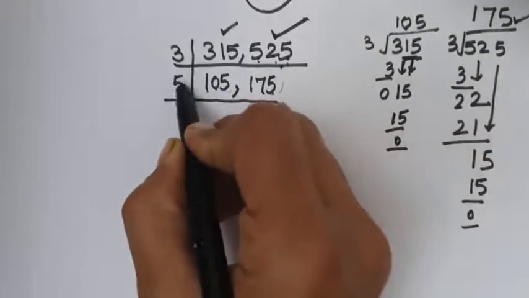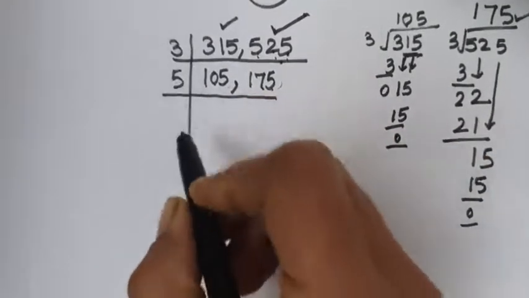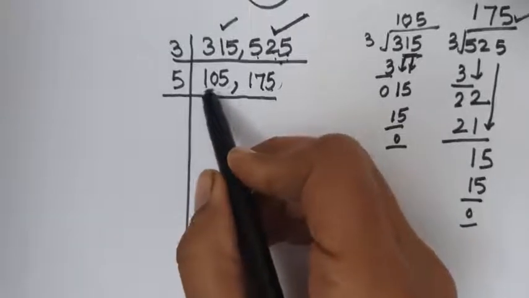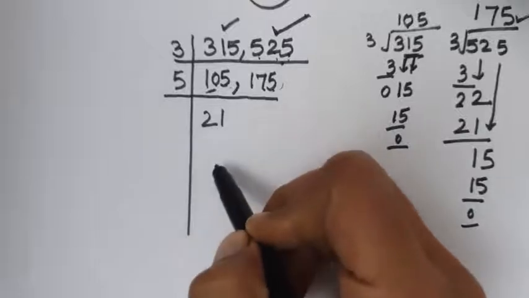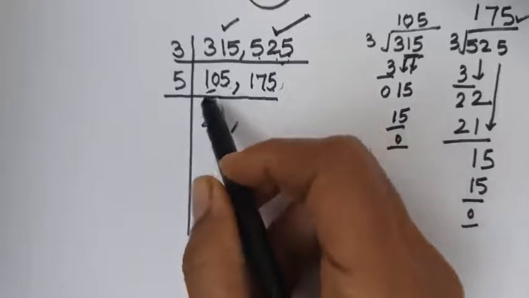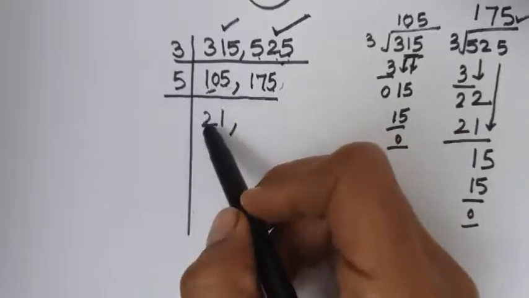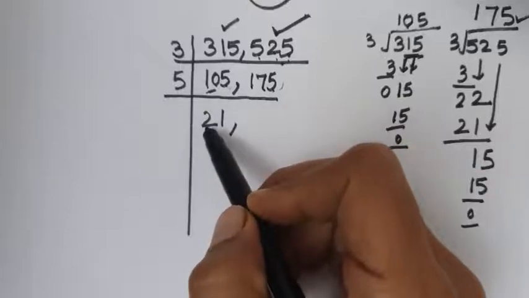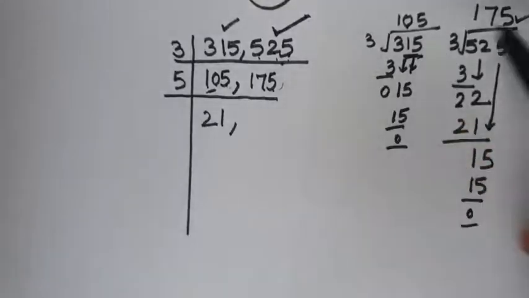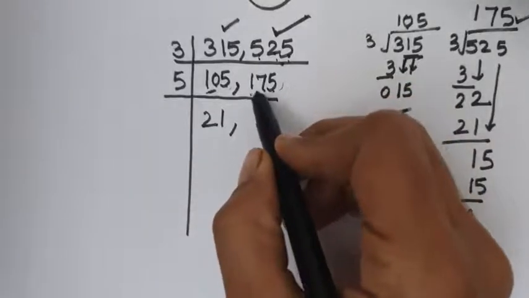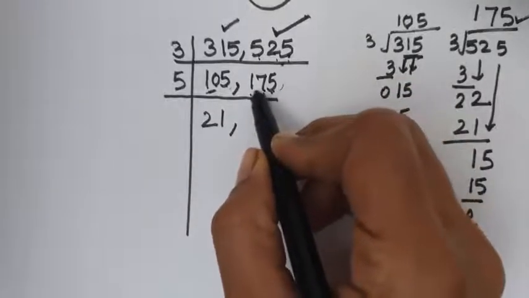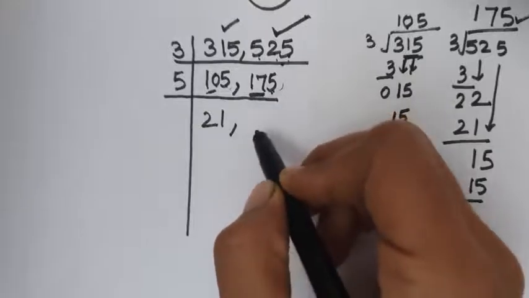Now, I will do it directly. See very carefully. 5 2 is 10. 5 1 is 5. Students, start practicing like this because otherwise it will take too much time. Now 175. 17 we will take.